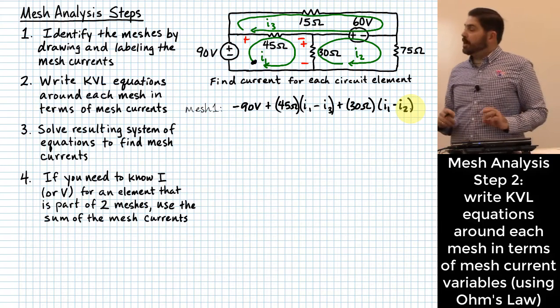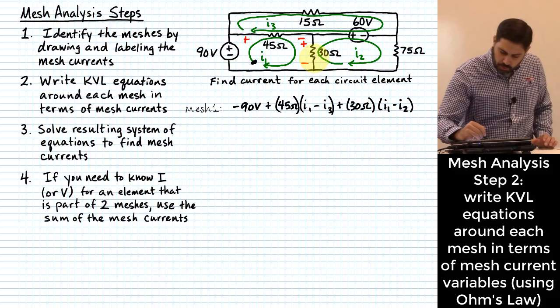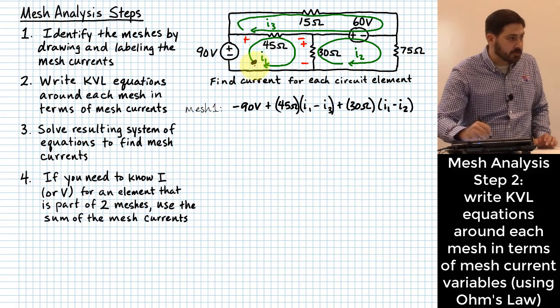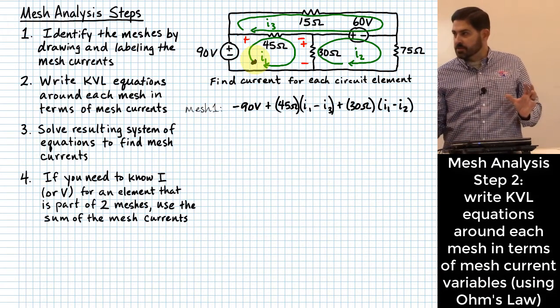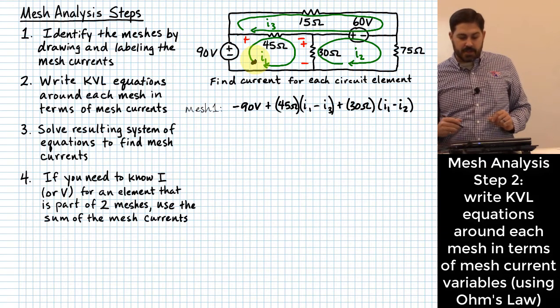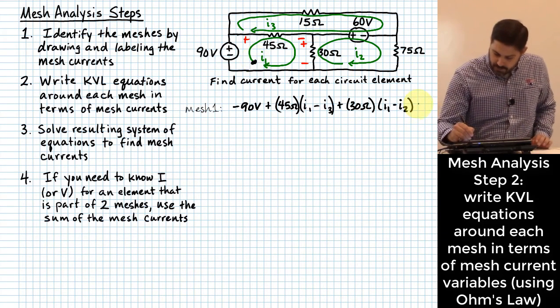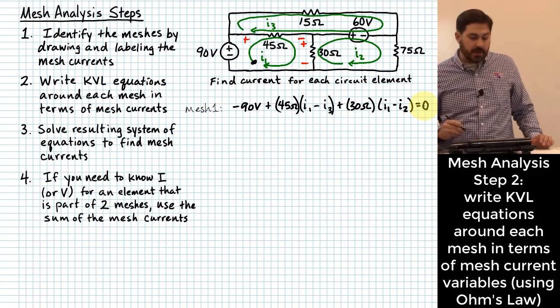And do I have any other elements where voltage can drop? Or do I just have wire after the 30 ohm resistor around to where I started my loop? Just wire, so that means there's zero voltage assumed on that. So what can I say about this sum that I just did? It has to satisfy Kirchhoff's voltage law, so it better sum to zero.